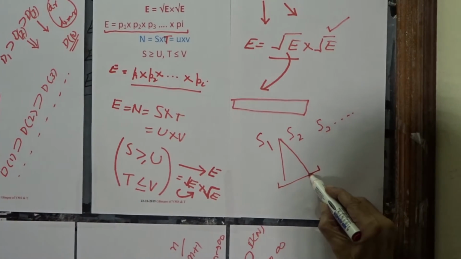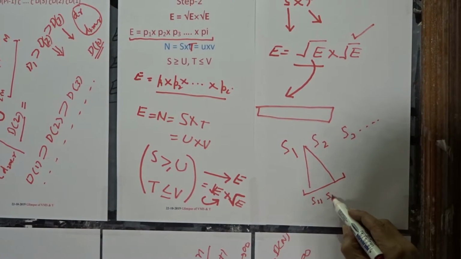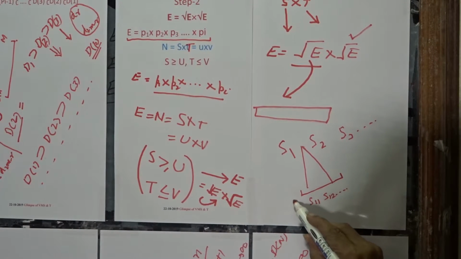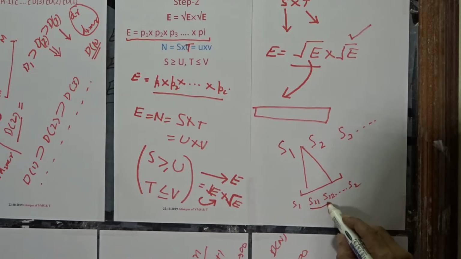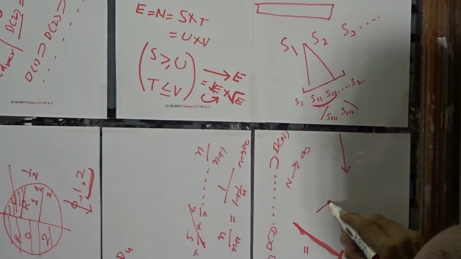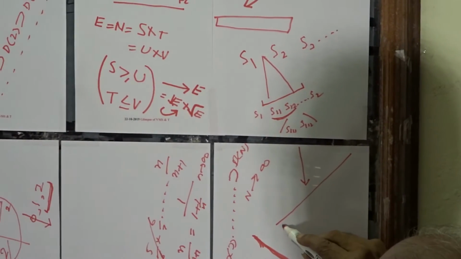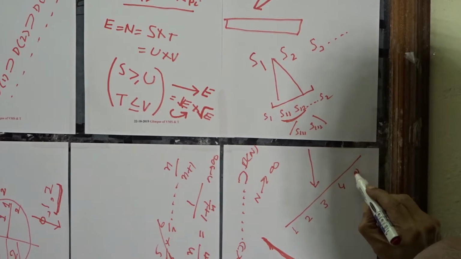This bridging is done by having another sequence S11, S12 and so on, so that we can reach from S1 to S2, and still further from these two members S11 and S2 as well, we have to reach another sequence to bridge this gap, and this is going to go on infinitely. It is this infinite reach, like reach from 1 to 2, 2 to 3, 3 to 4, 5 and so on.